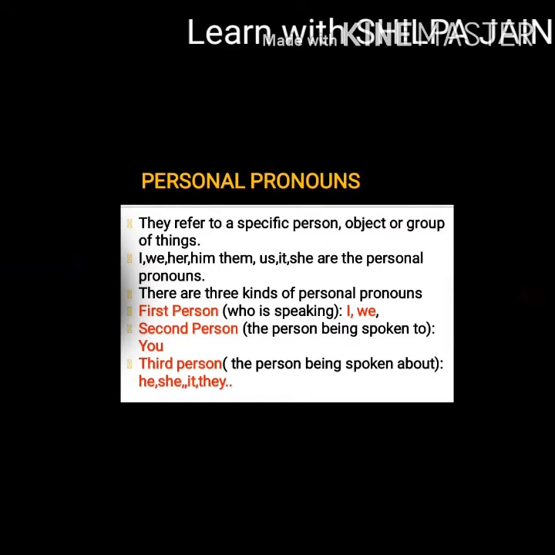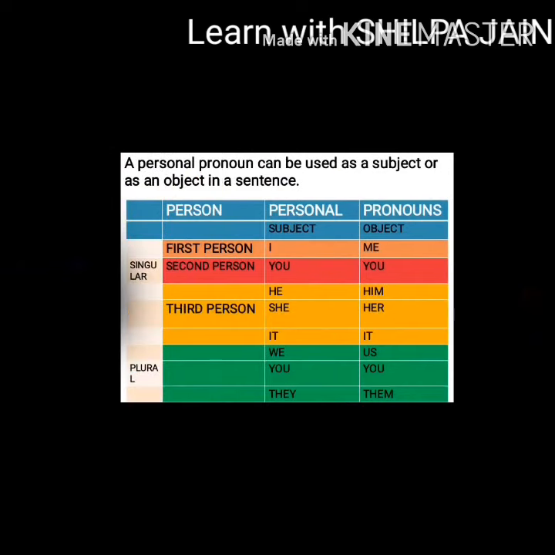Because these pronouns denote the person. Now, there are three kinds of personal pronouns. First person, who is speaking, like I, we. Second person, the person being spoken to, that is you. And third person, the person being spoken about, he, she, it, or they. So these are the personal pronouns.